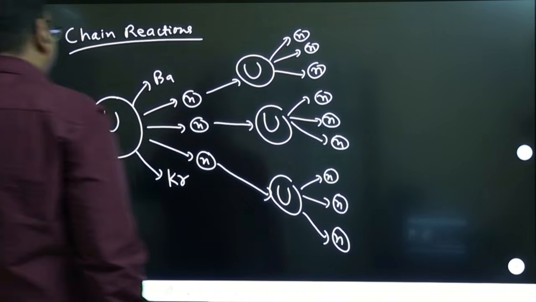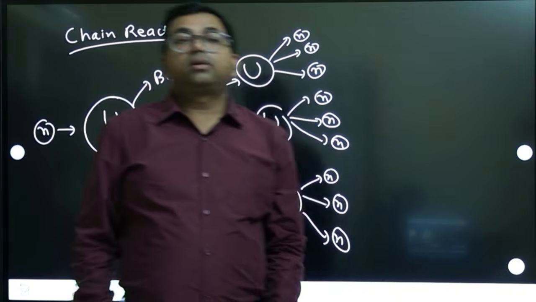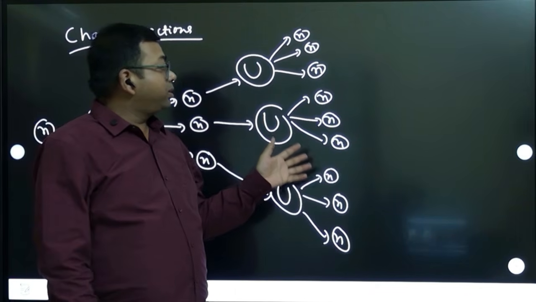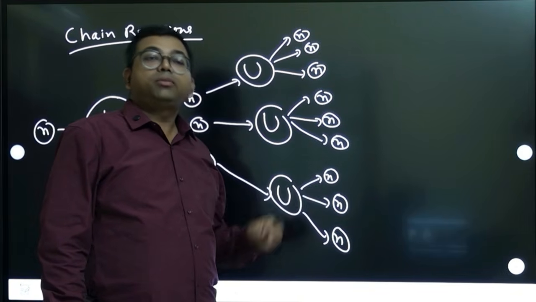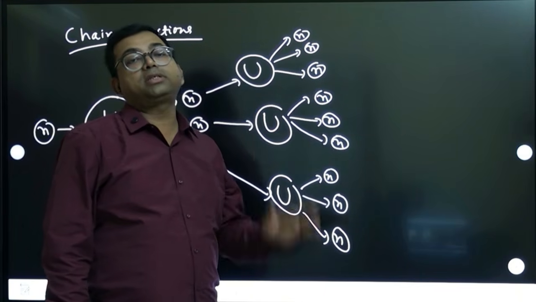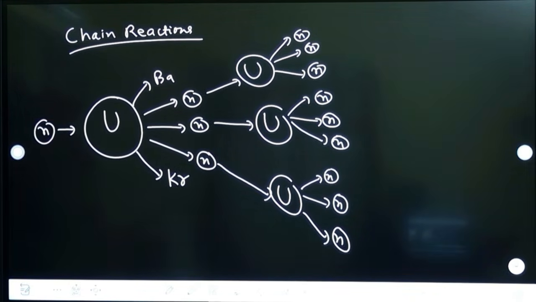If they are allowed to bombard another three uranium nuclei, they will immediately produce a lot of energy, because this is happening at a very high rate, exponentially. That is what happens in an atom bomb.